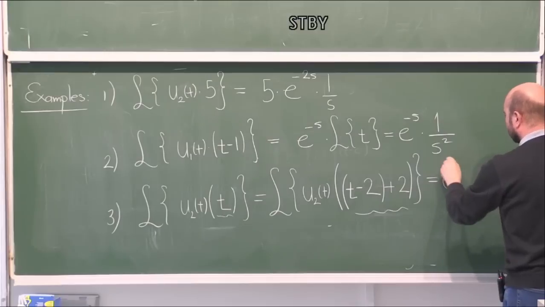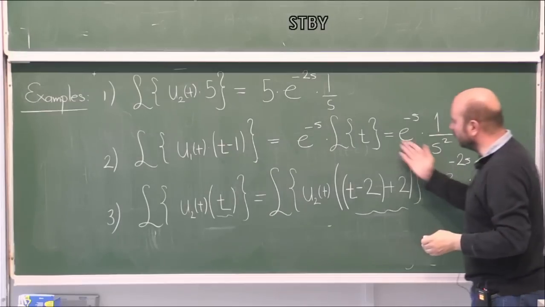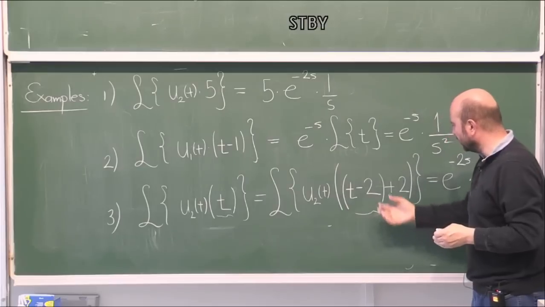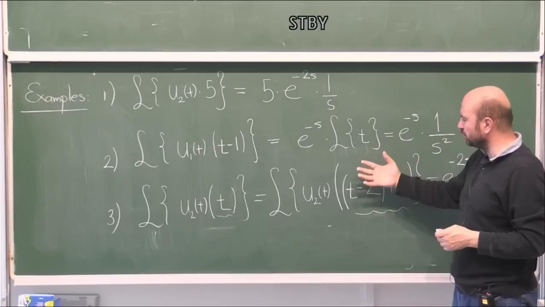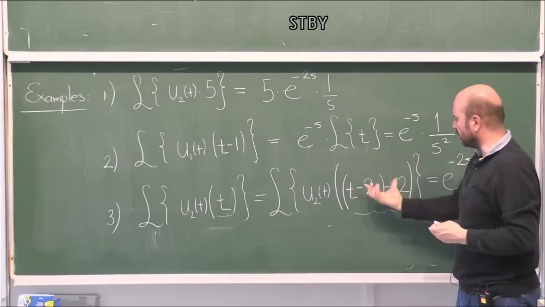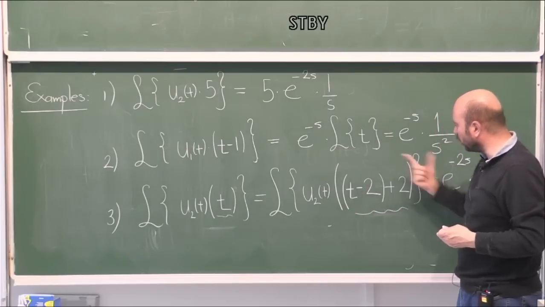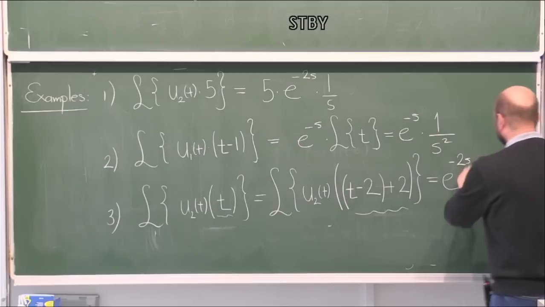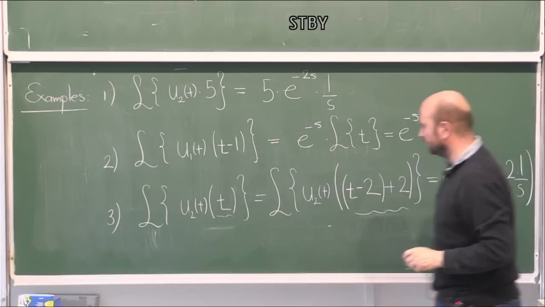This is e to the minus 2s times, and then I have to look at the original, non-shifted function. This is the shifted version, so all the t minus 2 must be replaced with t back. So it's t now here, plus 2. The original function is t plus 2. So I have to write the Laplace of that one, which is 1 over s squared plus 2 times 1 over s.